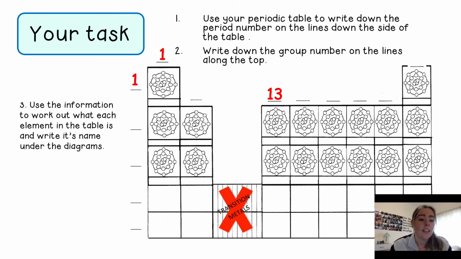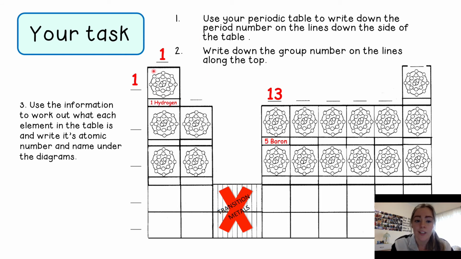And then the third step is to work out the atomic number and name of all the elements that have this little diagram. The reason we're doing that is because it's going to make it so much easier to draw in the electron configuration if you've already written down what the element is. Otherwise it's just confusing and you're looking back to your periodic table a lot. So again, another couple of examples.